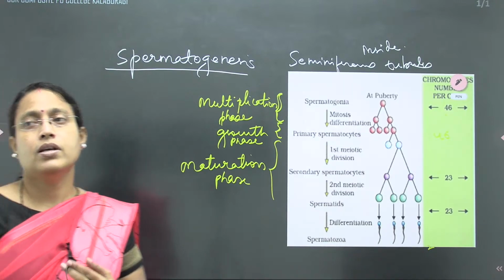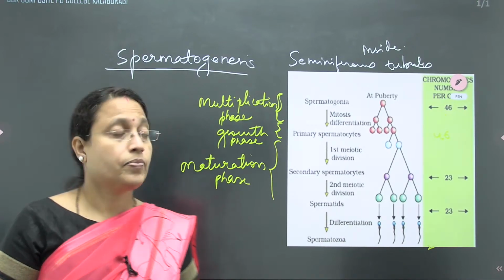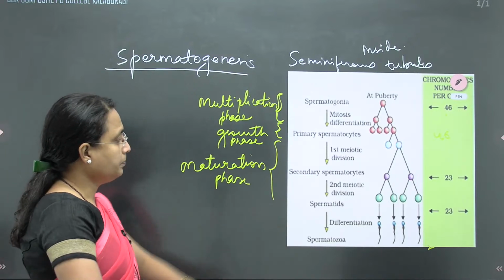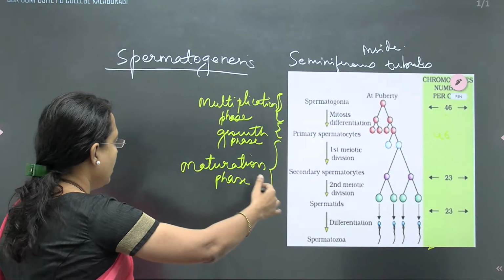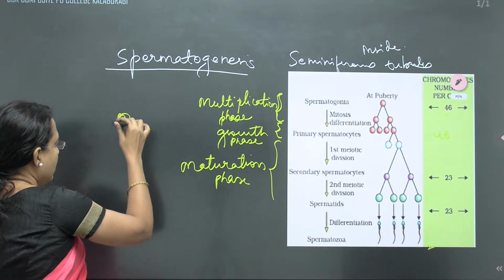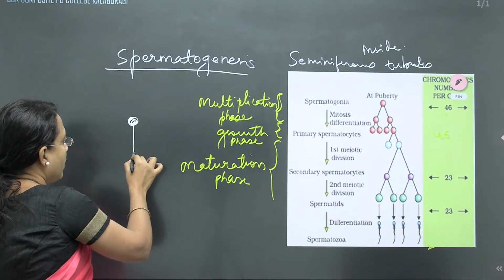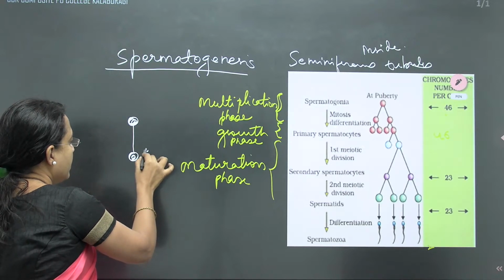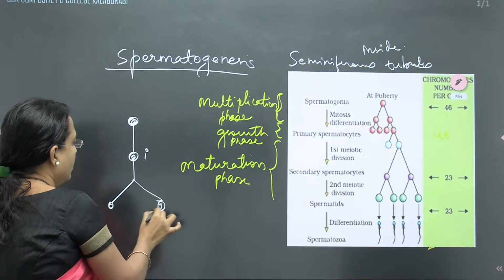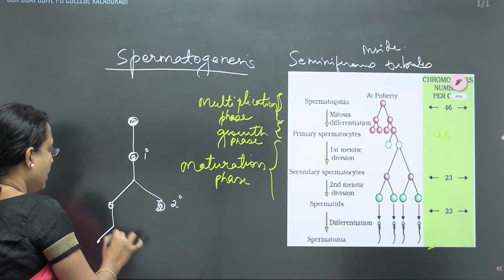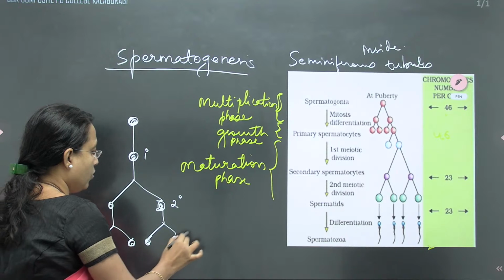These are the broad stages in spermatogenesis. Overall, the spermatogonia form one primary spermatocyte, the primary spermatocyte forms two secondary spermatocytes, and each one again forms two spermatids.